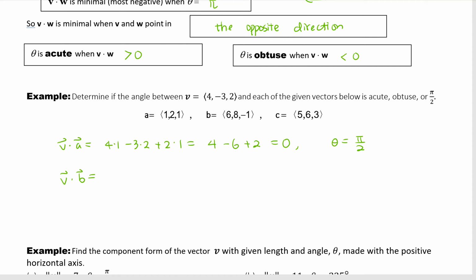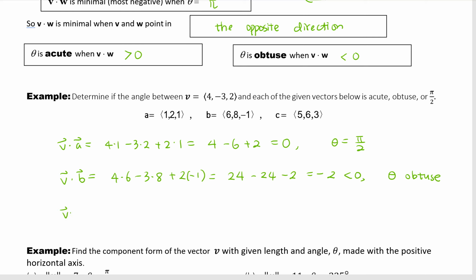Are you done? So we have 4 times 6 minus 3 times 8 and 2 times -1. 4 times 6 is 24. 3 times 8 is 24. And then -2. Oh, it's -2. It's negative. What do you say? The theta is obtuse.